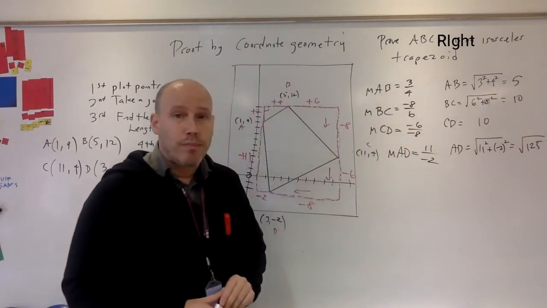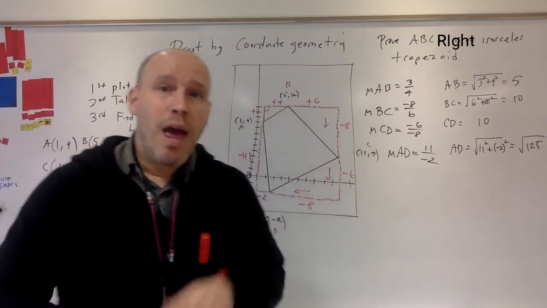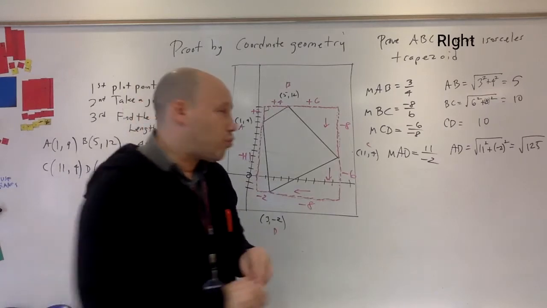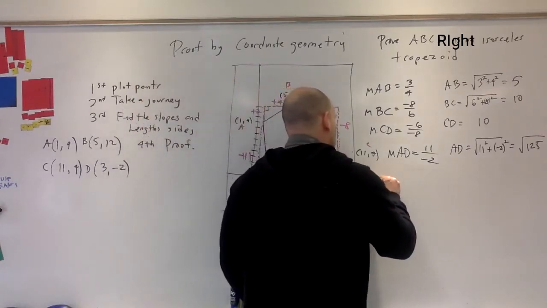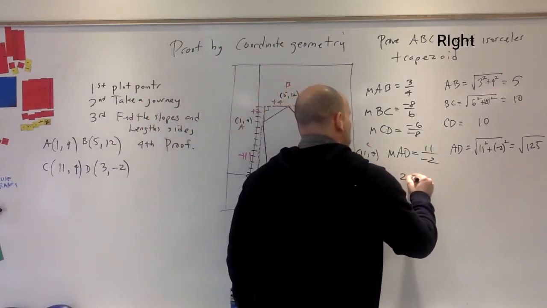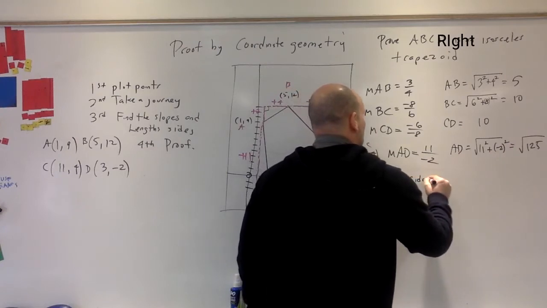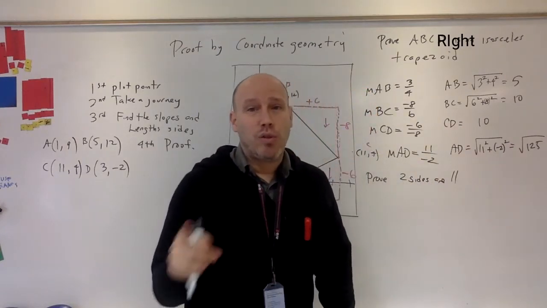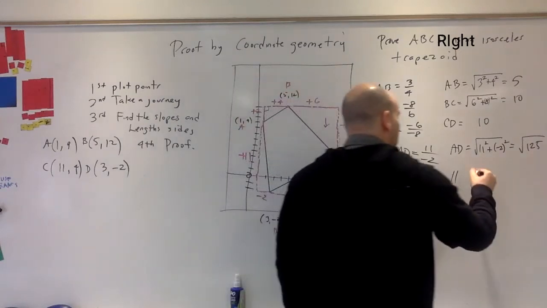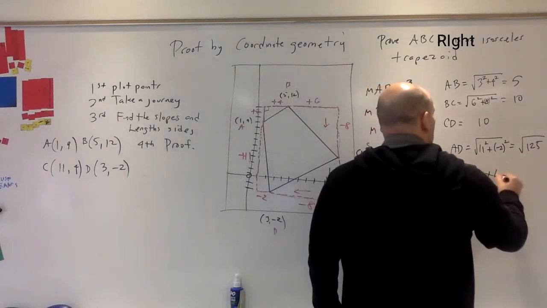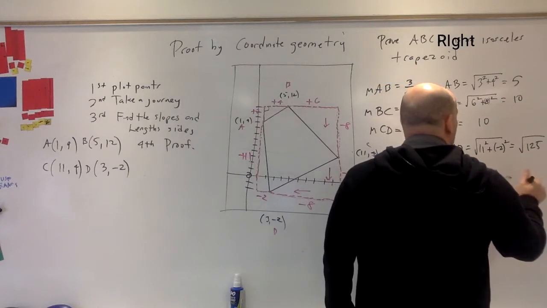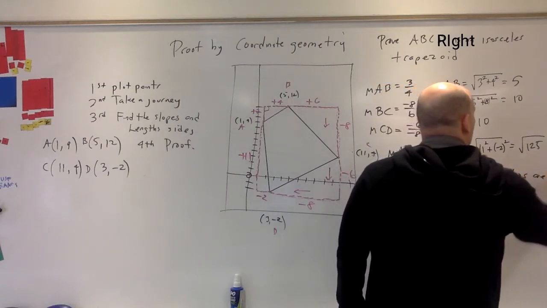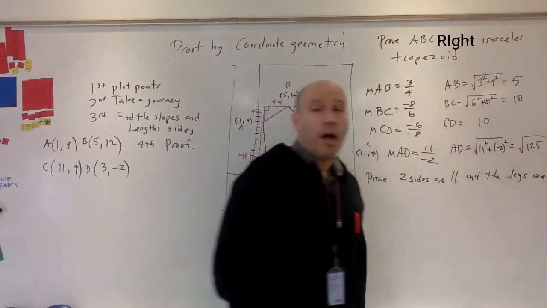Now, let's get to it. First of all, how do I prove something is a trapezoid? Well, if something is a trapezoid, I have to prove that two sides are parallel and the other two sides, the legs, are not parallel.